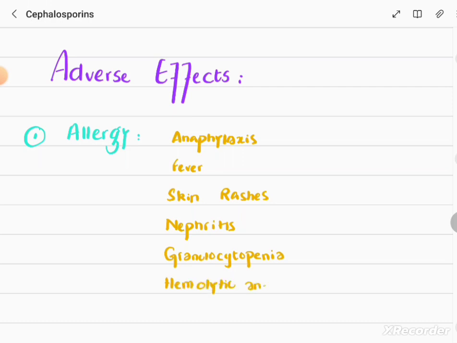All these reactions are immune mediated because cephalosporins can be sensitizing.